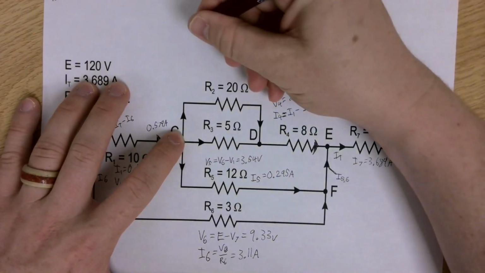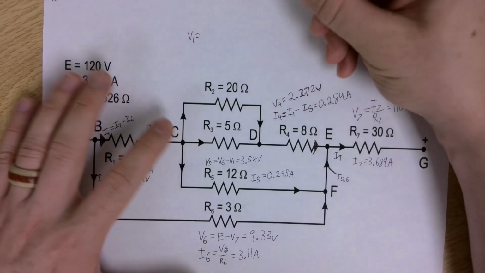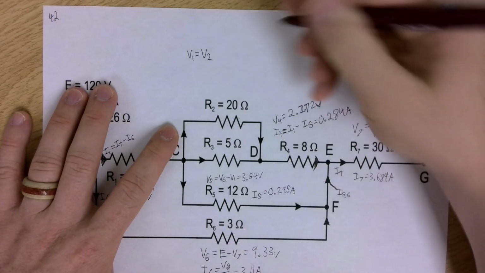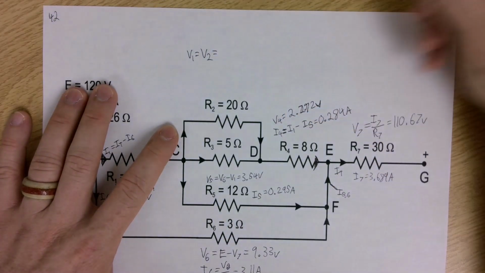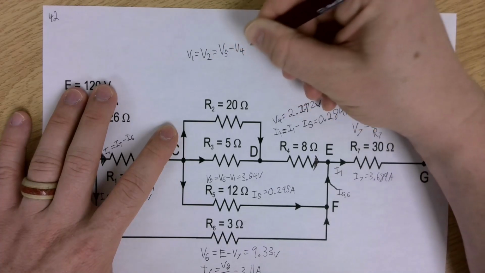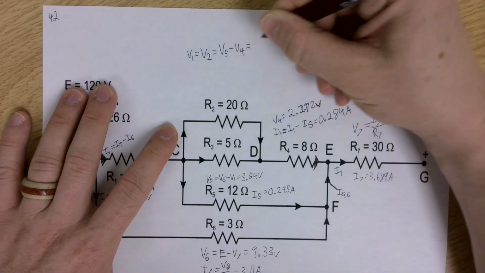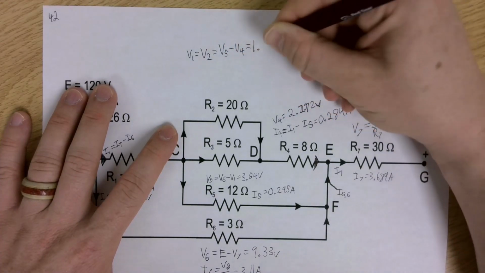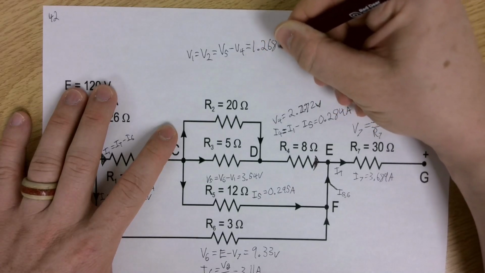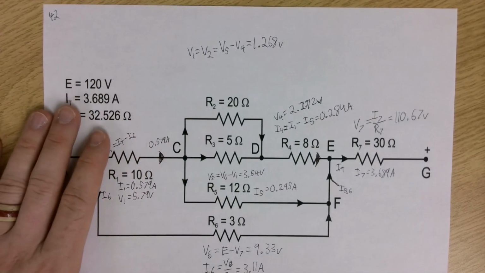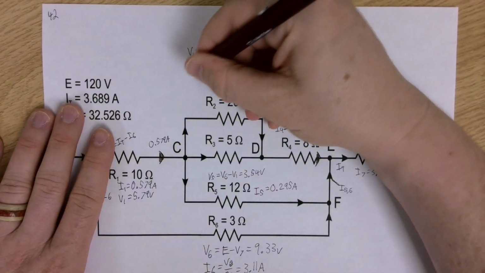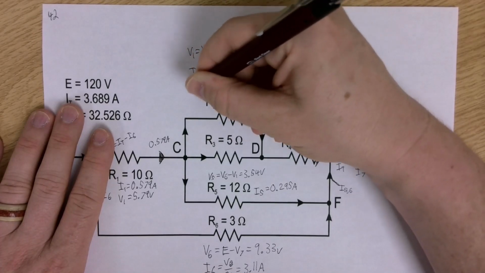That means that V1, which is equal to V2, they're just in parallel with each other, is going to be equal to V5 minus V4, which is going to give me 1.268 volts. Just a tiny little voltage. But nonetheless, I can take that voltage and solve for I1 and I2.